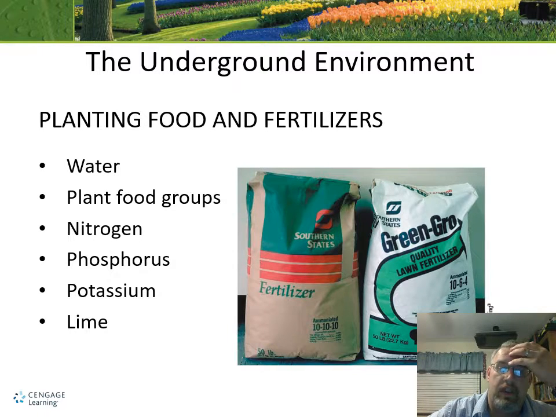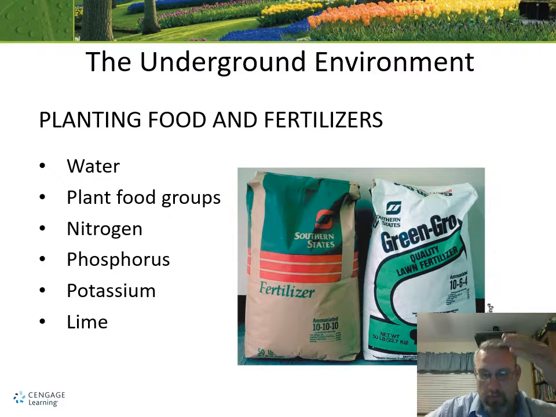So anytime you see, as you see on these two bags, a 10, 10, 10, or on the other bag, it's 10, 6, 4. That would be 10% nitrogen, 10% phosphorus, and 10% potassium. And on the other bag, you're talking about 10% nitrogen, 6% phosphorus, and 4% potassium. So that's how you know how much is in each bag.